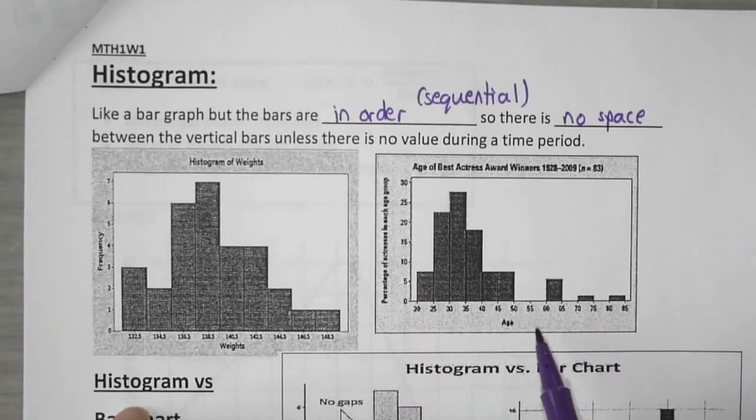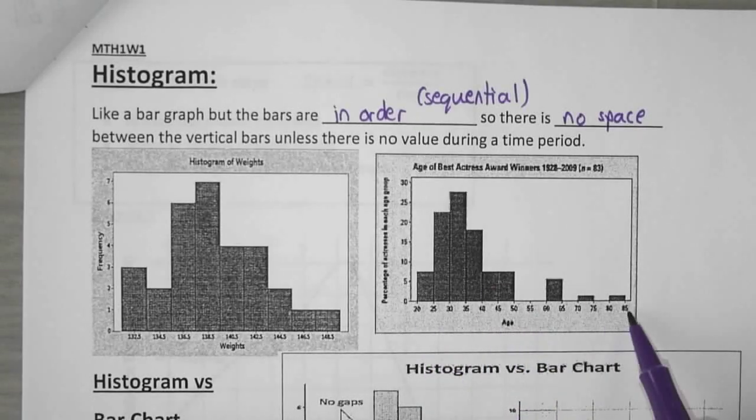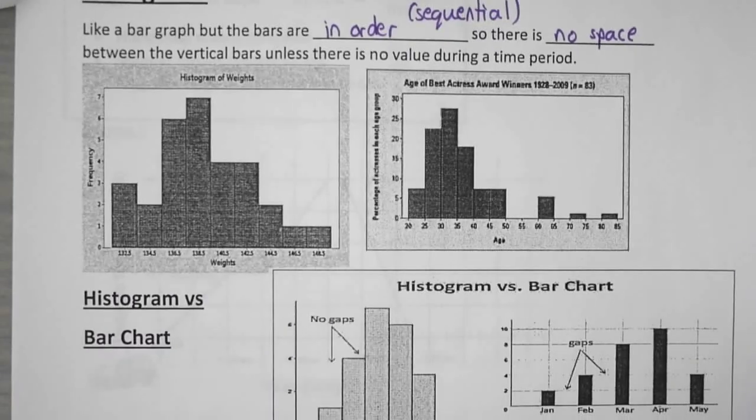So these can be ages. They can be years. So they're in order. As the years get bigger, the age here is getting older, and here the weight is getting bigger. We have a histogram here, going from 0 to 20-something, no gaps. And here there's categories, so January, February, March, April, but there are gaps in between.